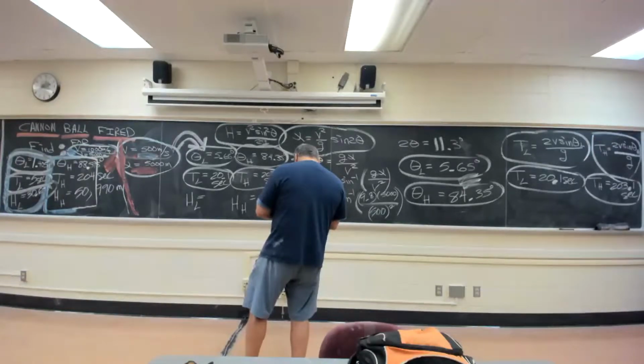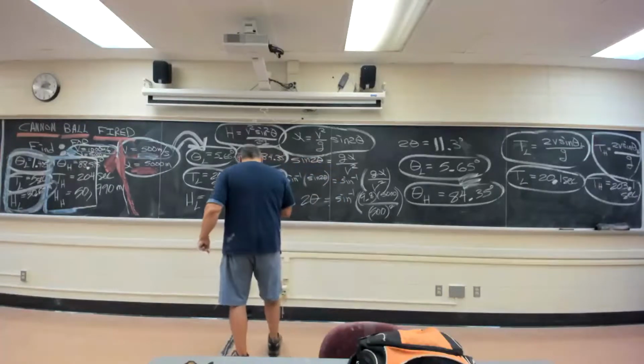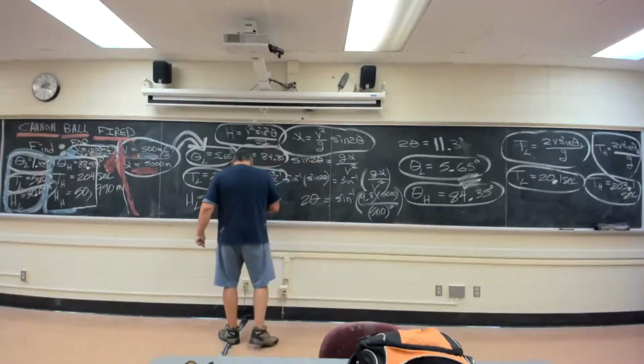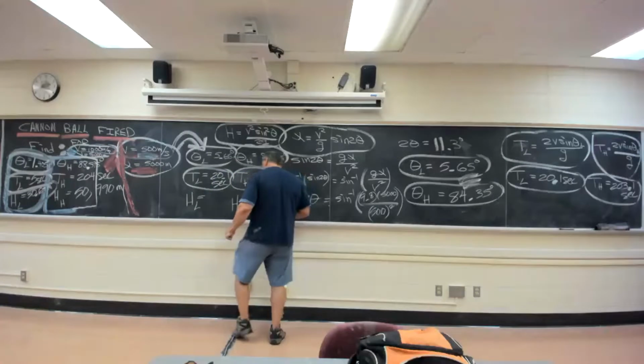Divided by 2G, which is divided by 19.6, 494.524.